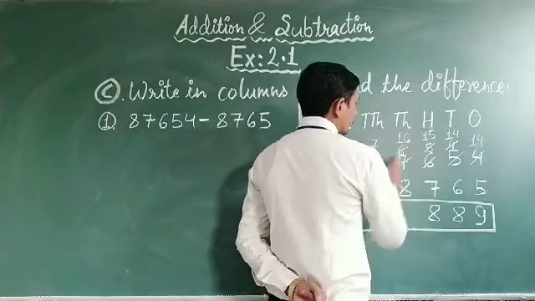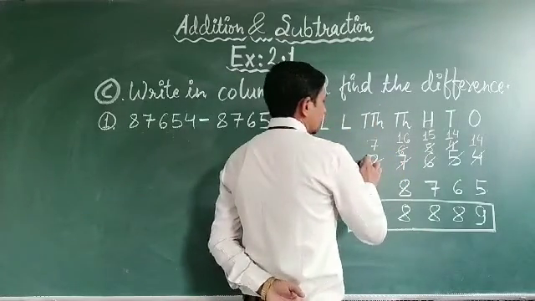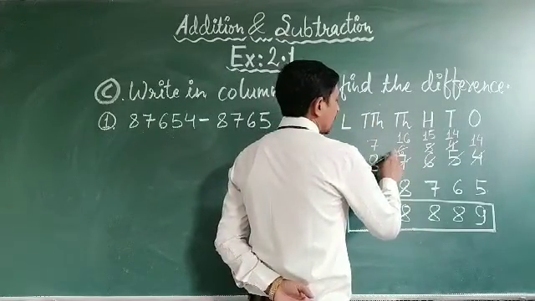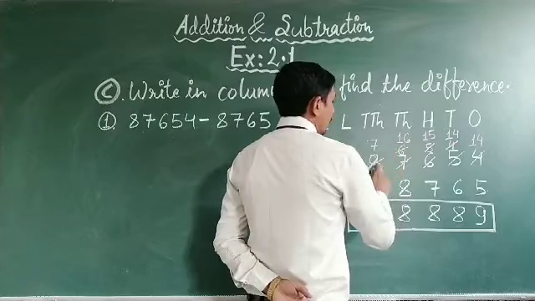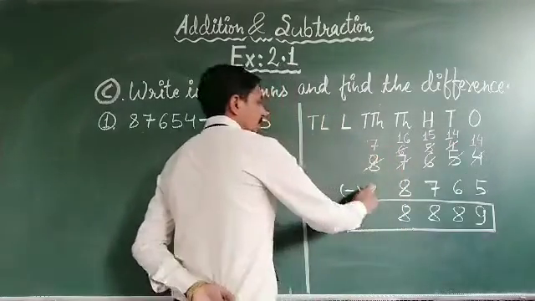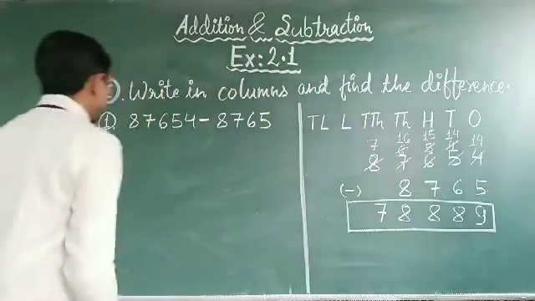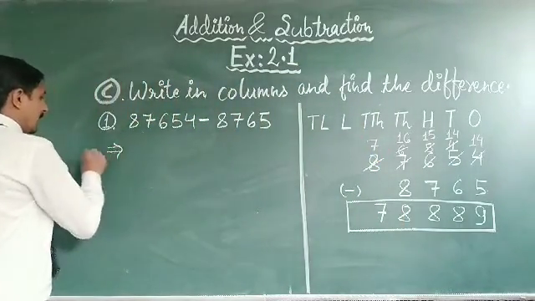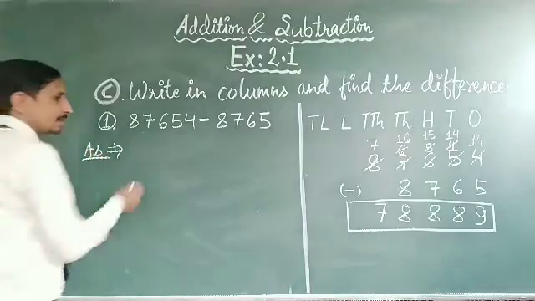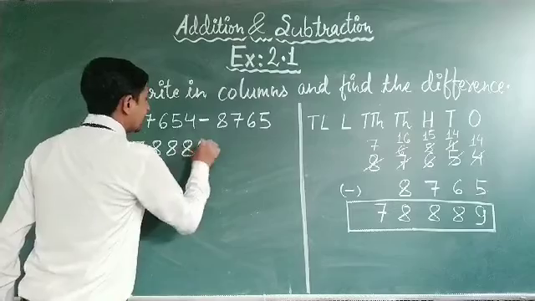So when we subtract 8 from 16, we get answer as 8, and here we have borrowed number 1 to this number, so this number becomes 7, and no digit is here for subtraction though, so the number is written 7. So now in this way we can write the answer, that is 7, 8, 8, 8, 9.